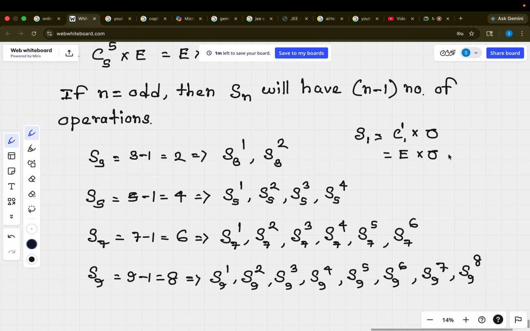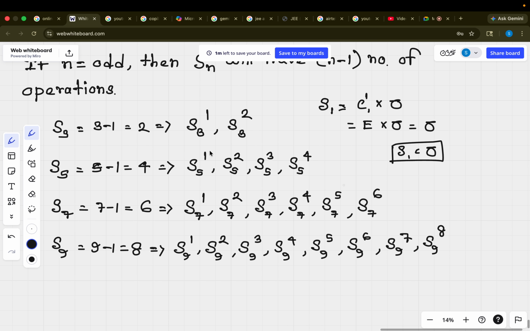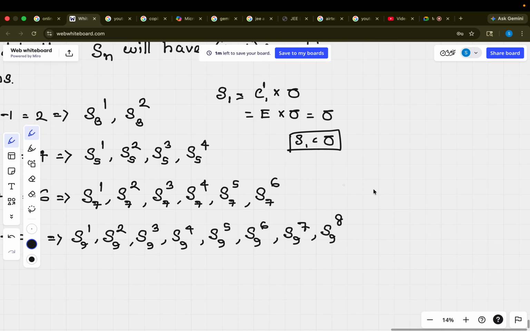So if you have only sigma, you are getting sigma. So S1 is equal to sigma. And S3 will have 2 operations, S5 will have 4 operations, S7 will have 6 operations, and S9 will have 8 operations. So S1 is equal to sigma.